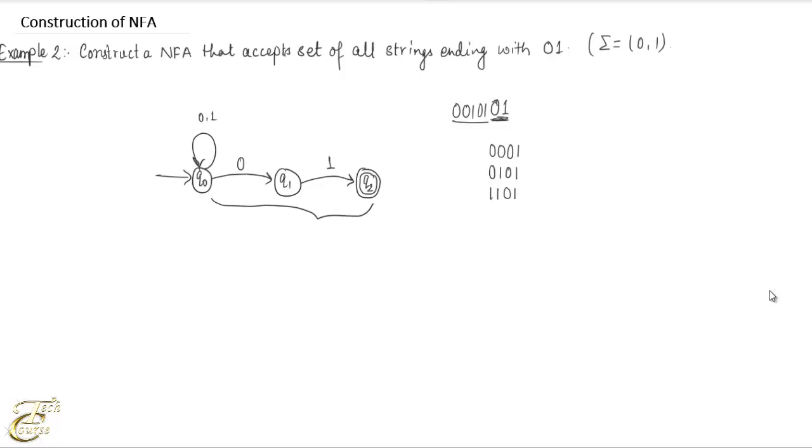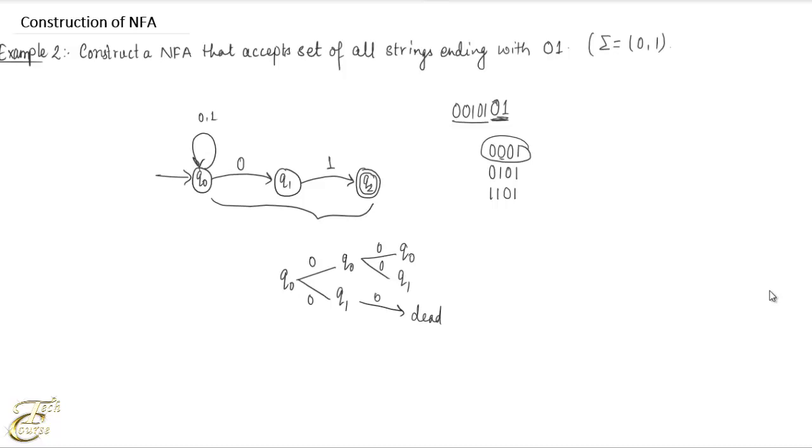Now let's check whether this string is accepted by this NFA or not. Initially our machine is in the state Q0. Reading this 0 leads to the states Q0 and Q1. Now reading this second 0 in Q0 and Q1 states leads to Q0 and Q1, and the other path dies.